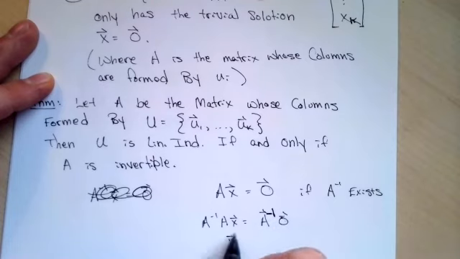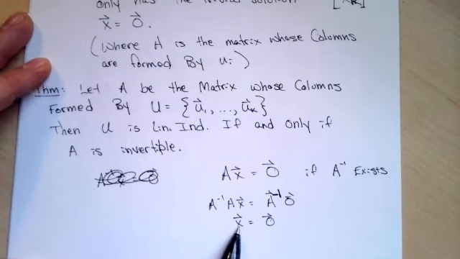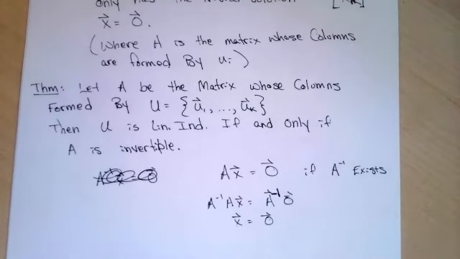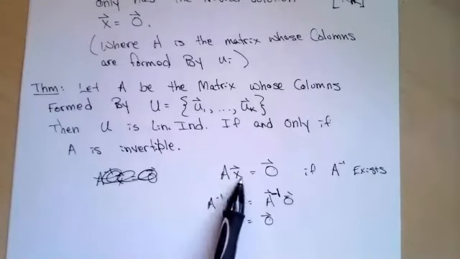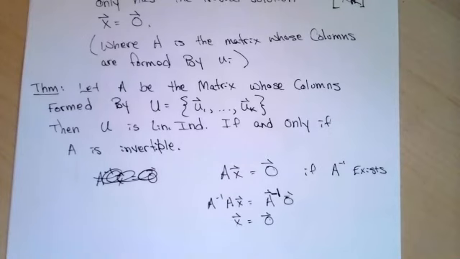And so we will be left with x on the left, but a matrix acting on the 0 vector will always give us back the 0 vector. In other words, we arrive at the trivial solution again. You can try to think along the other lines: if the trivial solution is the only one that exists, then how can we show A is invertible? That way is going to be a little bit harder.